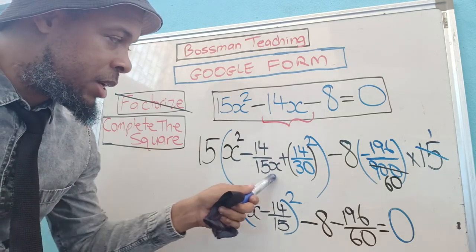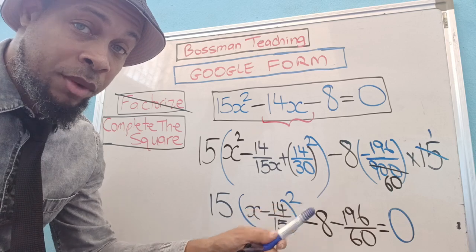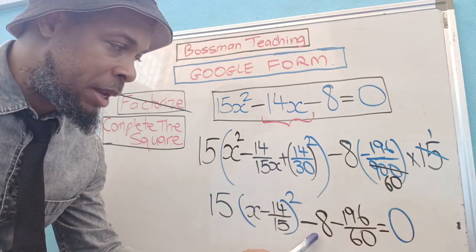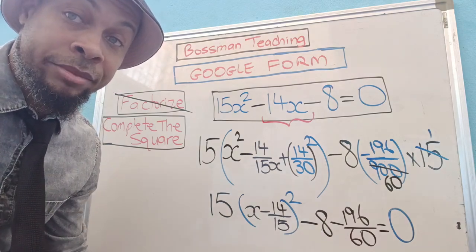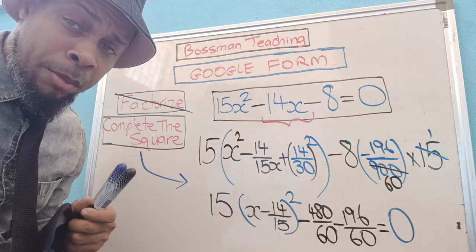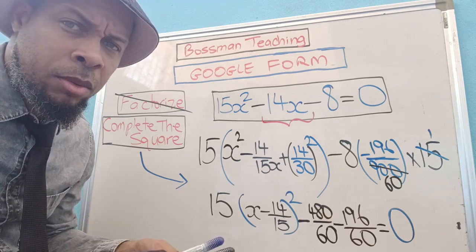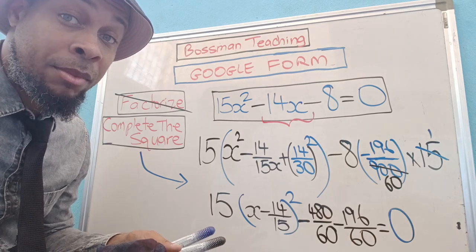So this is simplified to this, and of course, now that we've done that over here, we need to change this to a fraction. So let's multiply 60 over 60 by this to get 480 over 60. So we're still completing the square. The 8 becomes 480 over 60.